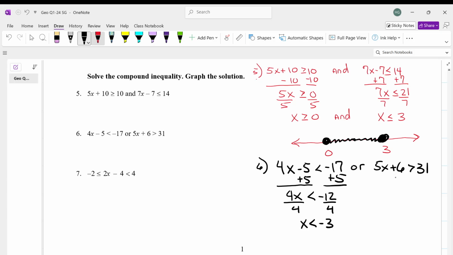In this other inequality, subtract 6 from each side. 5x is greater than 25. Divide both sides by 5. And we get an x that's greater than 5.